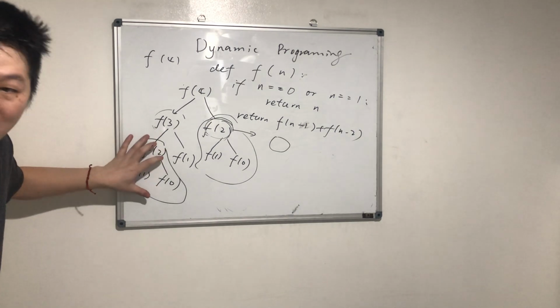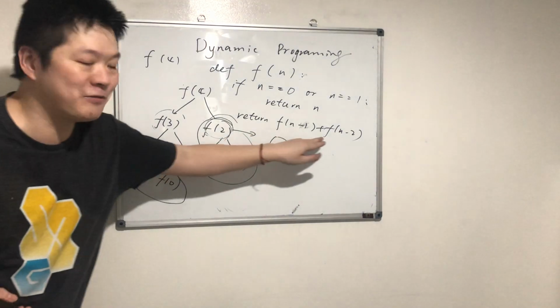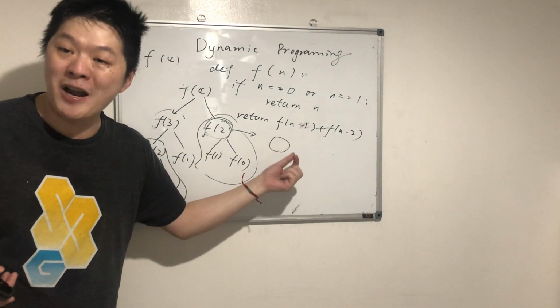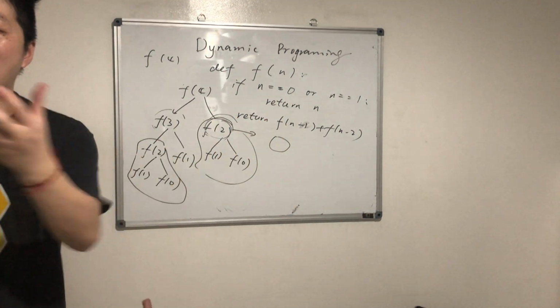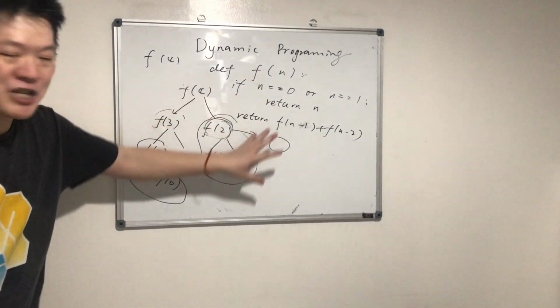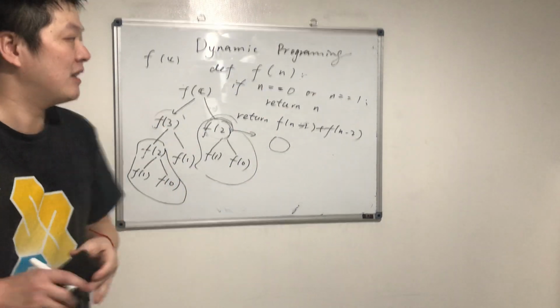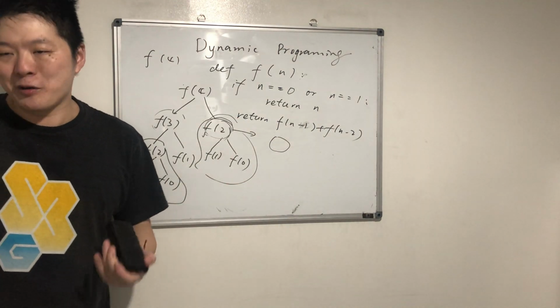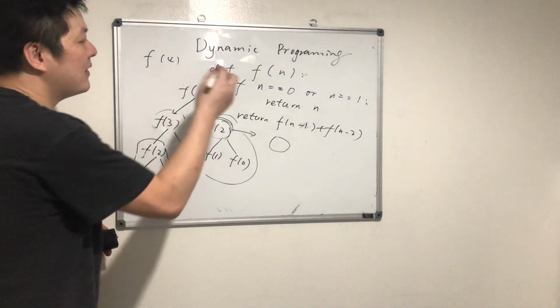So we don't need to calculate again. We can just get the value from the notebook. Am I right? Yeah. So that's dynamic programming. Do you get it? So that's recursion, but with the notebook. Actually, it's not a notebook, but notebook is for your understanding.